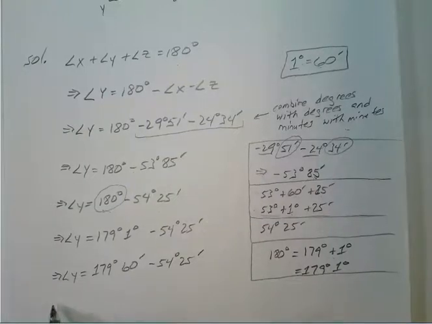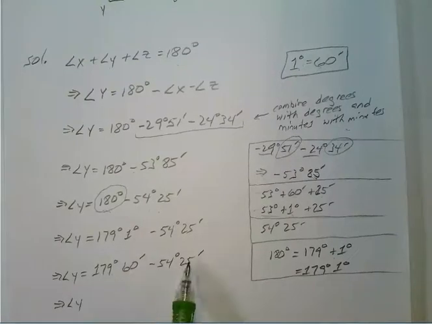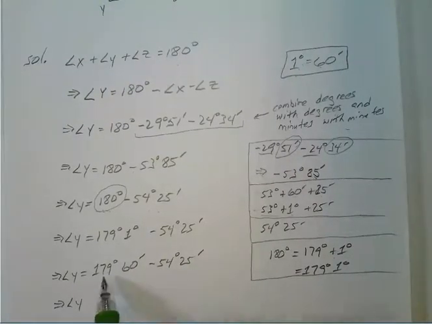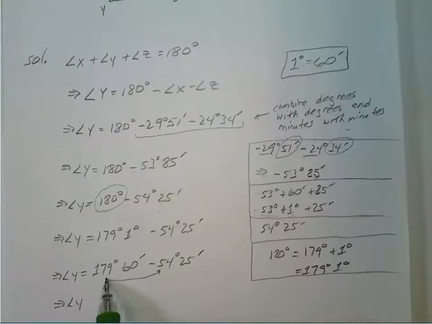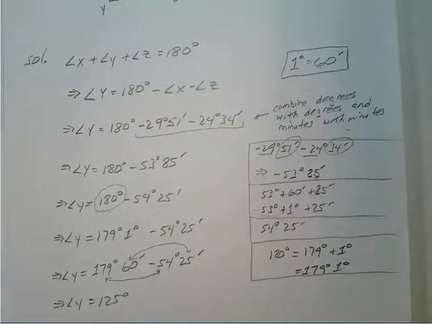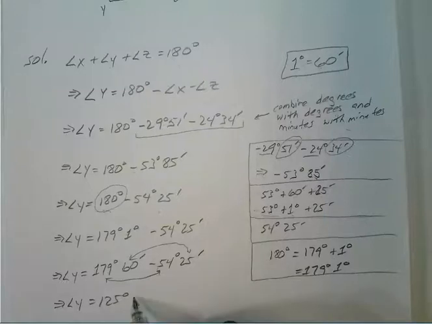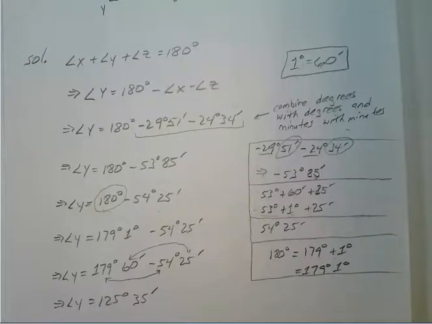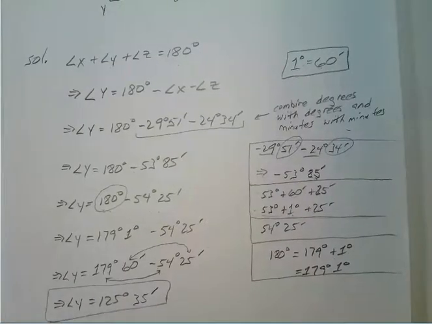Now if we combine our degrees, 179 minus 54 degrees gives us 125 degrees. And 60 minutes minus 25 minutes leaves us with 35 minutes. And that is actually your final answer.